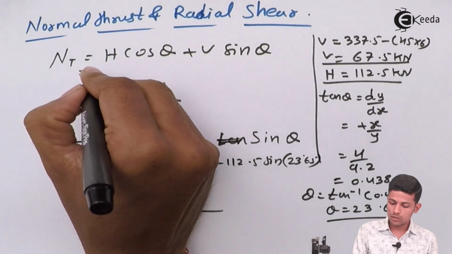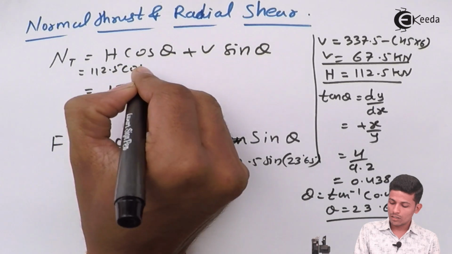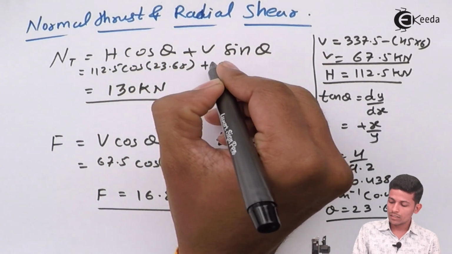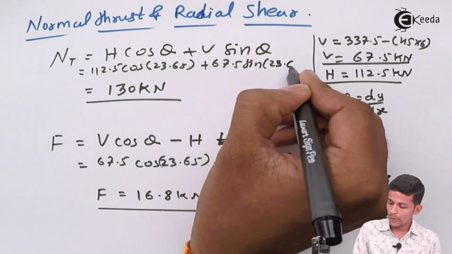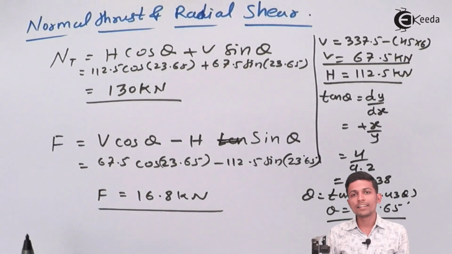Here also H will be 112.5 cos 23.65 plus 67.5 sin 23.65. Okay, now we are done with the normal thrust and radial shear force also.